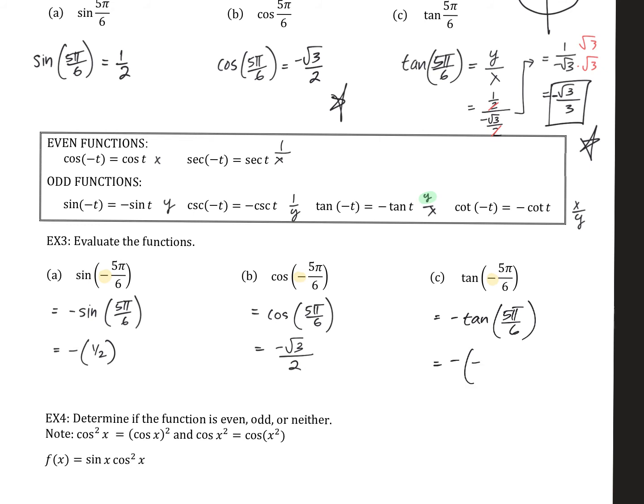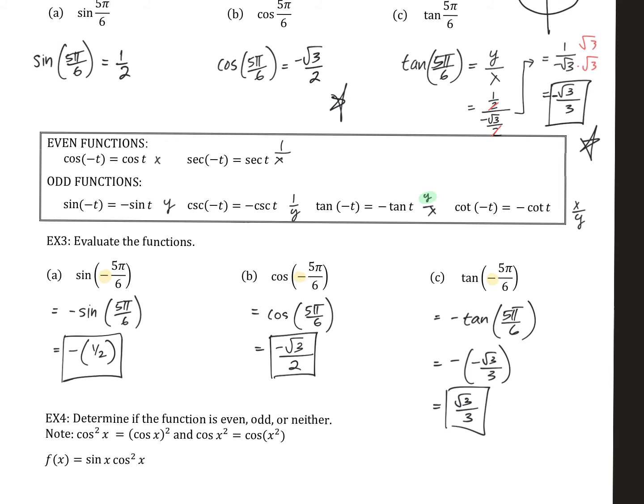So that's the negative of negative root 3 over 3. And we can simplify that to root 3 over 3. And there we have it when we're working with the negative values inside of our function. So just bear in mind, anything that uses y is going to be the odd. Anything that just uses x will be an even function.